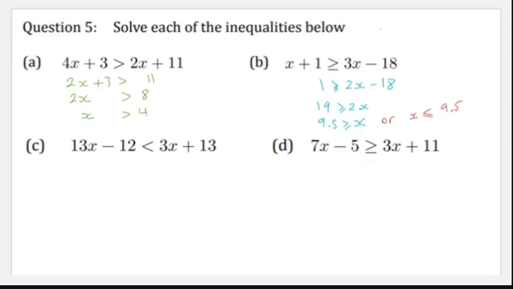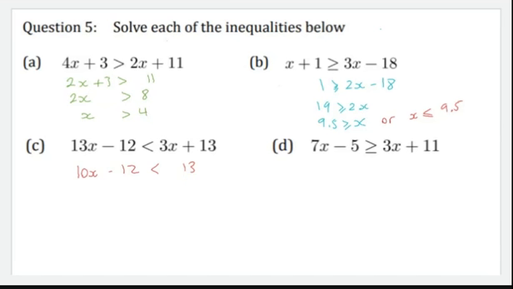What about the next one? You would minus 3x on both sides. Yeah. So that'll be 10x minus 12 is smaller than 13. Very good. So what's next?